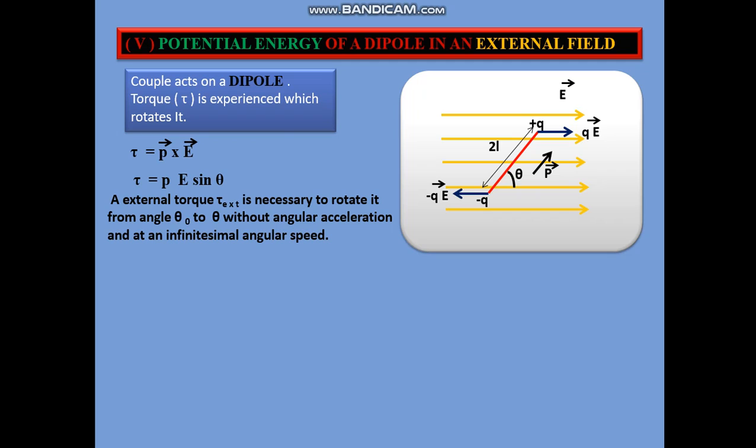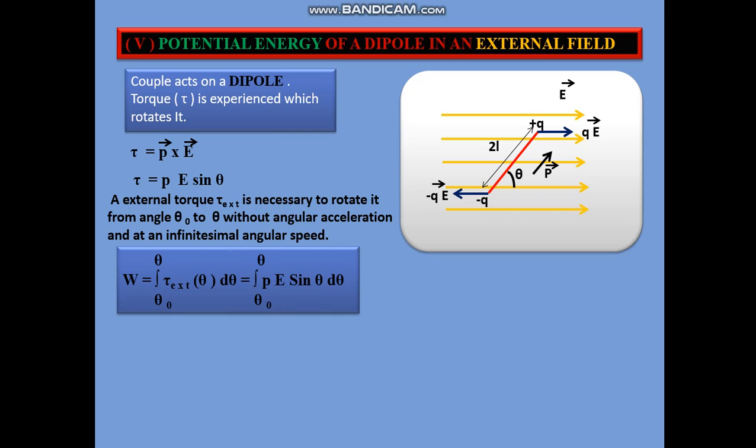An external torque is necessary to rotate it from theta naught to theta without angular acceleration and at an infinitesimal angular speed. So we have W is equal to the integral from theta naught to theta of tau external d theta, that is equal to the integral from theta naught to theta of p E sine theta d theta.